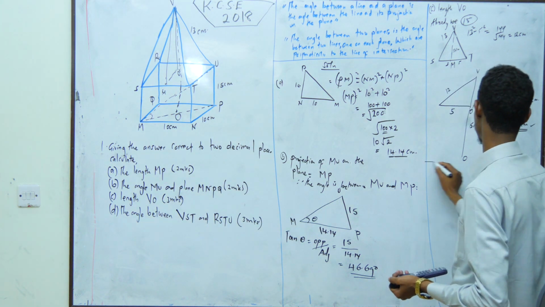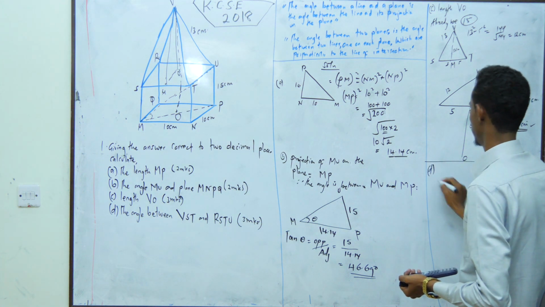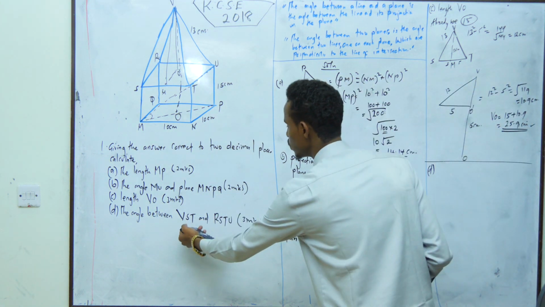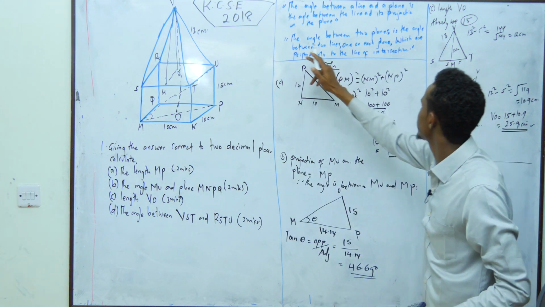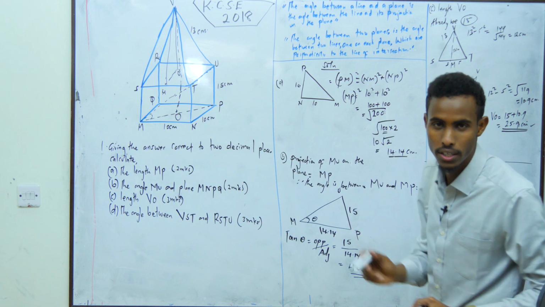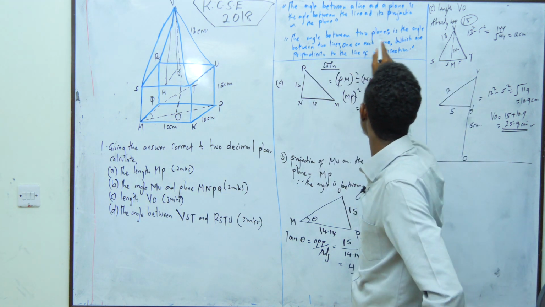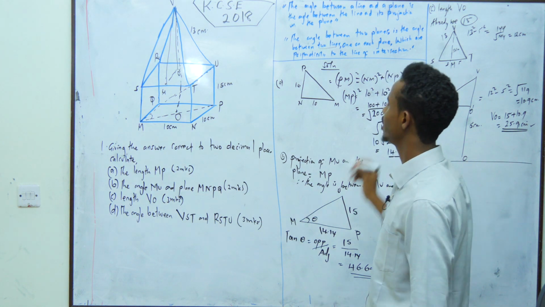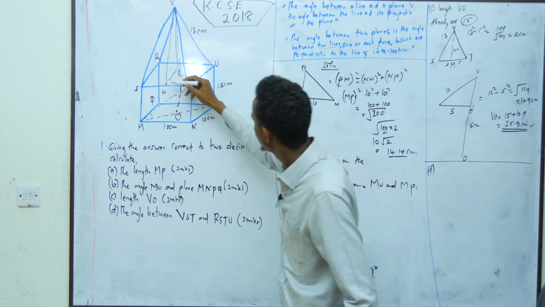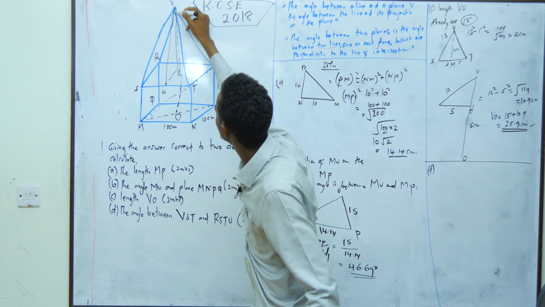And lastly class, part D. The angle between VST and RSTU. Class, how do we get the angle between two planes? The angle between two planes is the angle between two lines, one on each plane. Now look at this. We have this line on this plane, right?